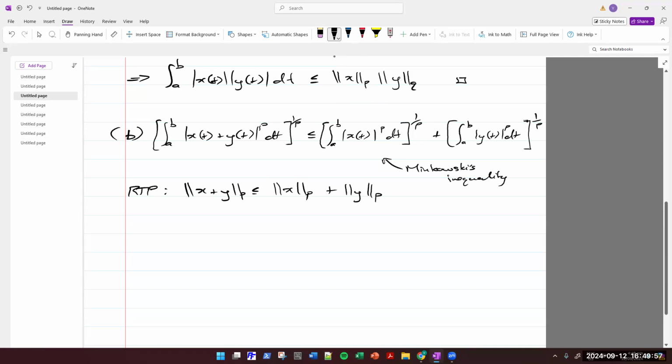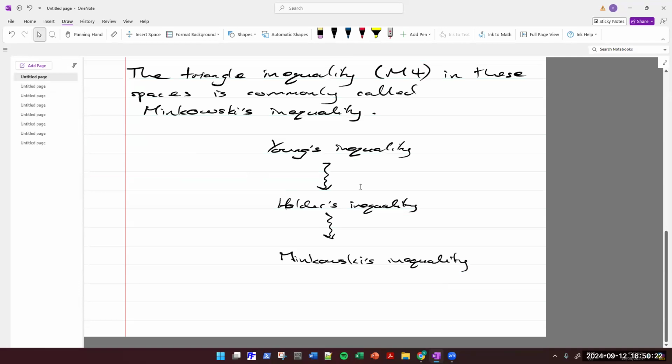And of course, this is the triangle inequality. So this is what I need to try to prove. Of course, x and y are continuous functions, maybe. And according to our little roadmap, I need to use Holder's inequality somewhere to prove that.